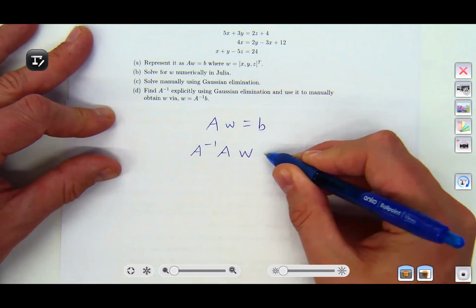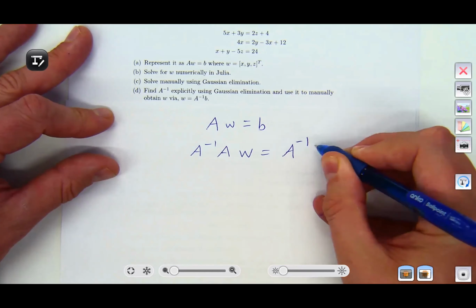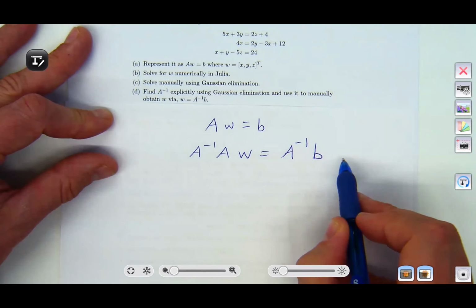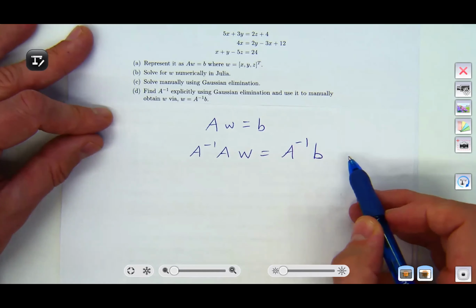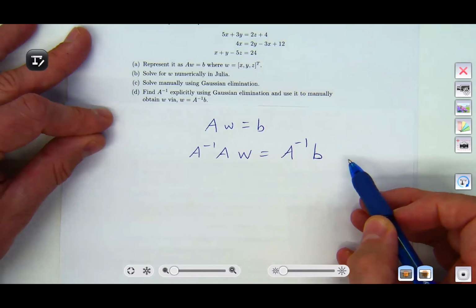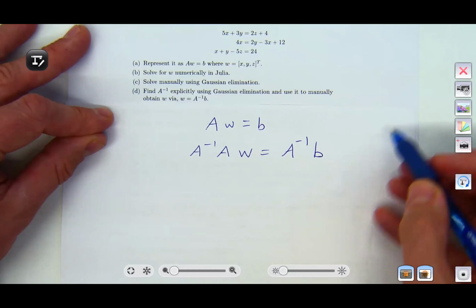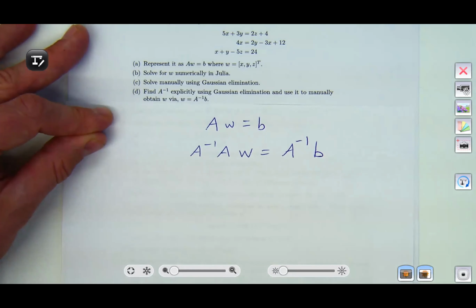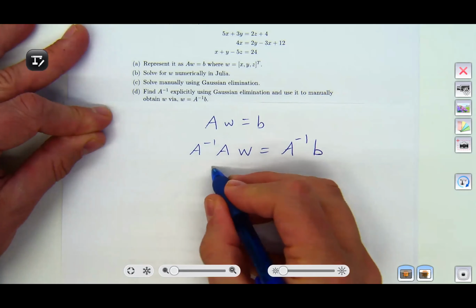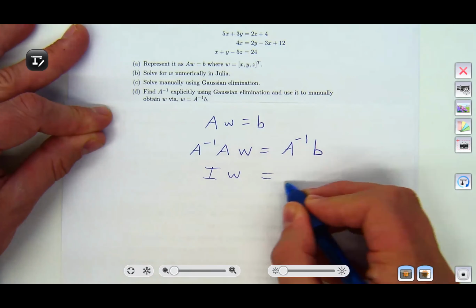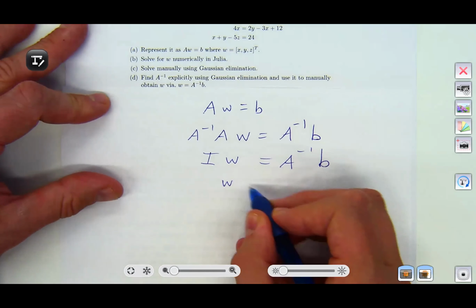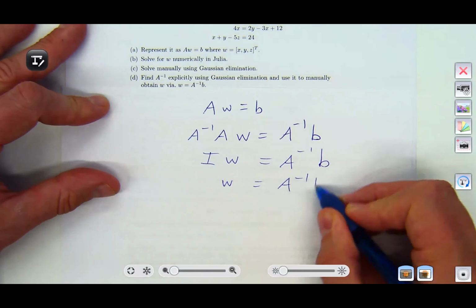AW equals A inverse B. Whatever you do, don't put that A inverse on the other side, because remember in general these are not commutative. And in fact, if you did that, you'd get a different size anyway, right? So do it on the left. Now this simplifies, that's I, W. And IW, of course, is just W, and so that's why this works.